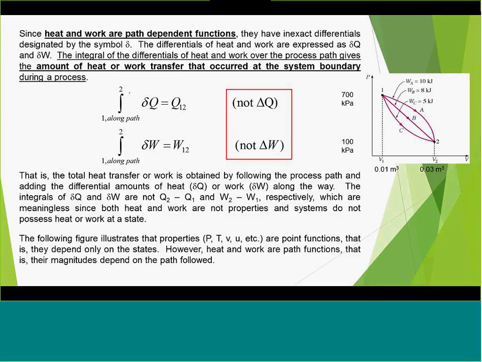Now bear in mind, although we have this integration, when we have delta Q, it does not mean Q is Q2 minus Q1. No. It is along the path from Q1 to Q2. It identifies the amount of heat or work that is transferred into the system or out of the system.